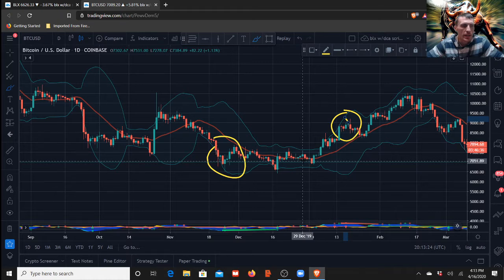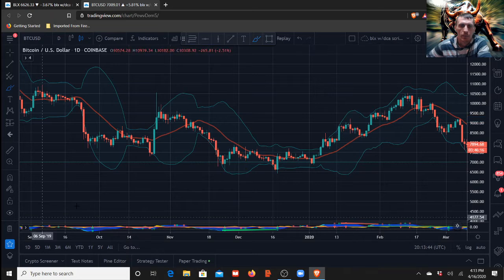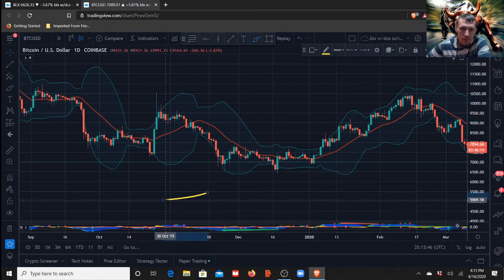I think if you're trading on a standard deviation of 2, it's only 80 to 85% of the time that price will stay inside these bands. And this is with Bitcoin. Those percentages are different with stocks and other stuff that you are trading. Those are just with Bitcoin.